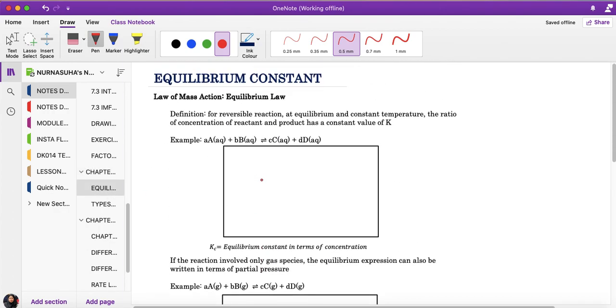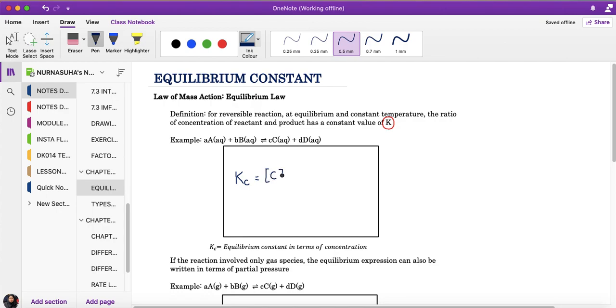Okay, equilibrium constant. So, for reversible reaction, at equilibrium and constant temperature, ratio of concentration of reactant and product has a constant value of K. Maksudnya, once equilibrium dah achieve, ratio concentration of reactant and product has a constant value. For example, this reaction. So, the ratio is Kc equals to concentration of product.